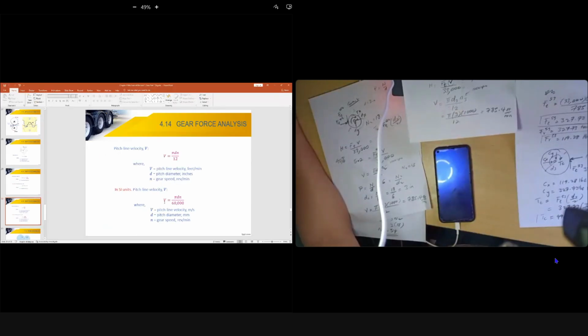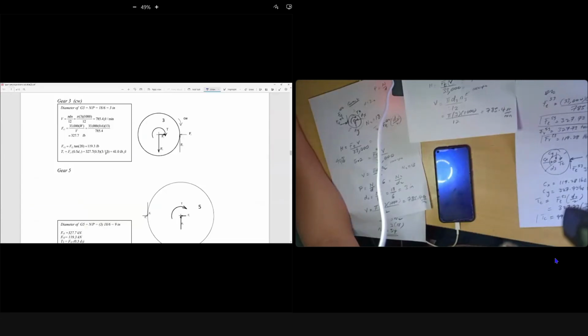If you look at the solution, it divides by 12 because your D is 3. We are in inches, the diameter is in inch, right? Torque is pound force inch, because our diameter is in inch. Why does it divide by 12?